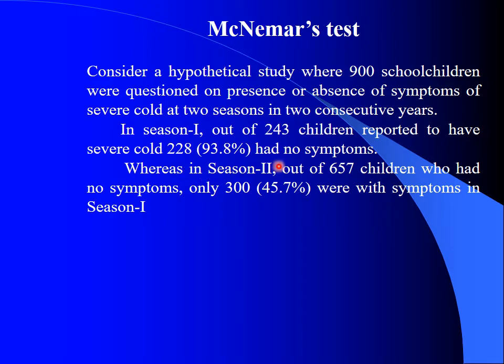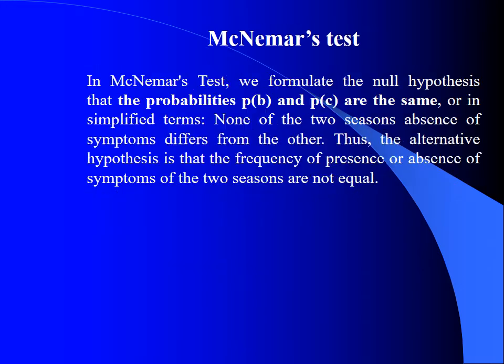Whereas in the second, out of 257, when we looked at only 300 had with no symptoms, only 300 had symptoms in season 1. Let us look into the table.